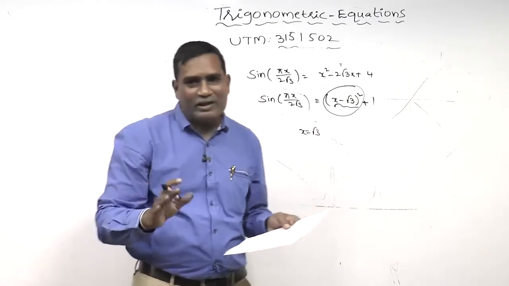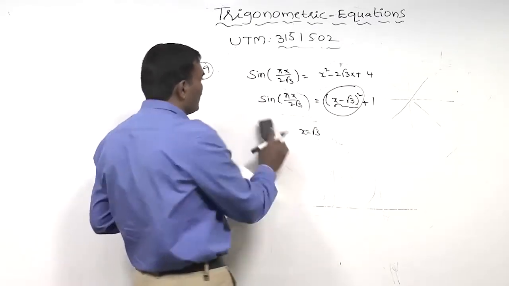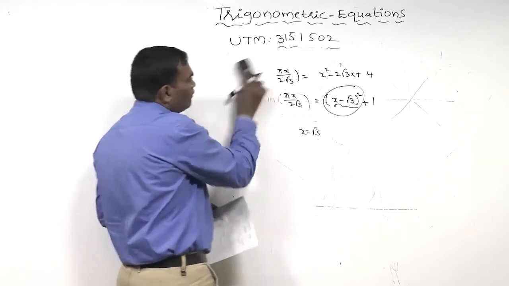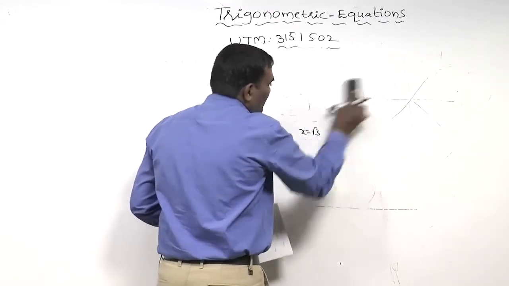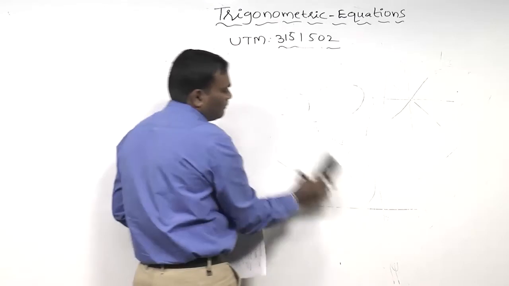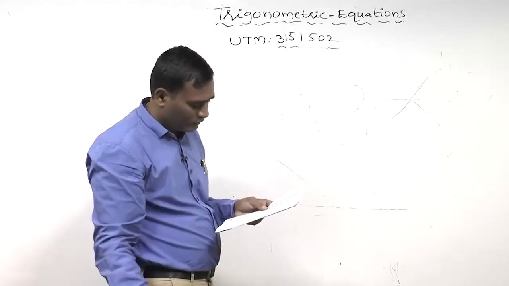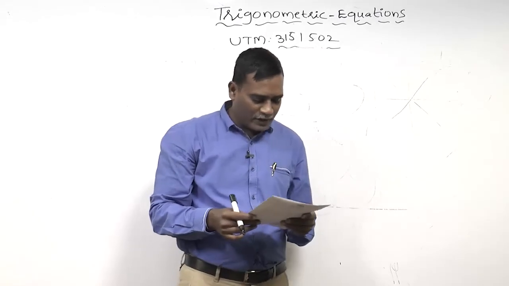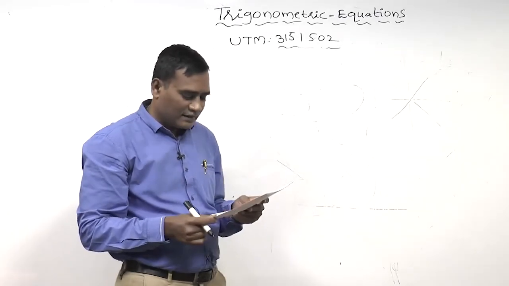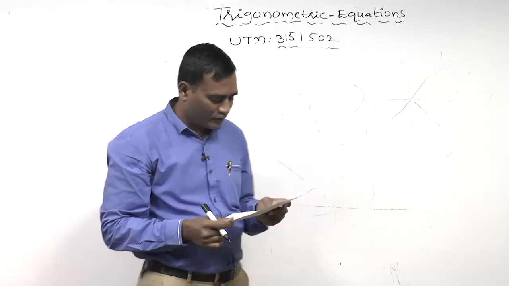Now come to the last and final question, that is the 40th one. This is also a graphical representation only. If you know the graph, then it is easy. Solutions of the equation modulus of cos x equals 2 into step x.